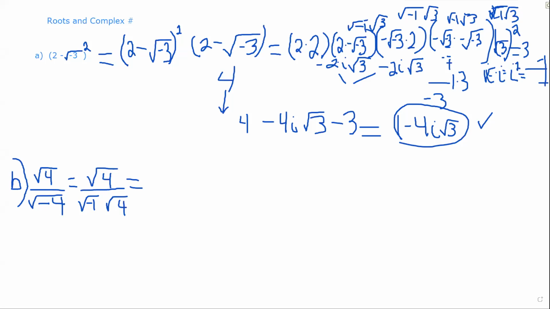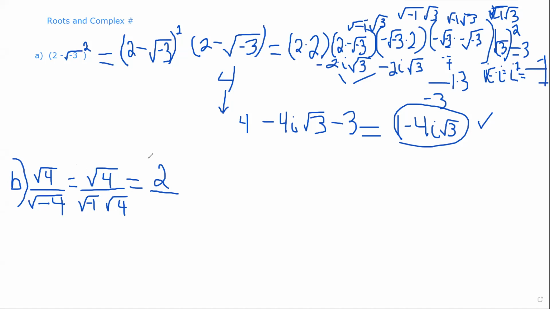All right, in this process, let's look at model B, square root of 4 over the square root of negative 4. And once again, I've already done the breakdown of the problem in the denominator, the square root of 4 over, we just pulled out the square root of negative 1 times the square root of 4. And here with the square root of 4, we automatically know that result will become 2.